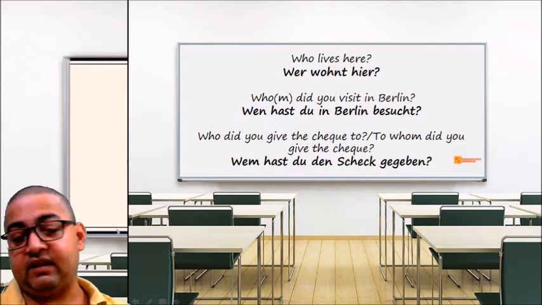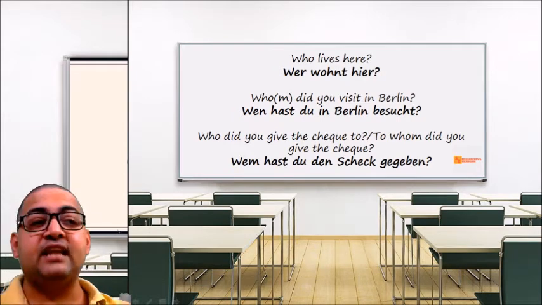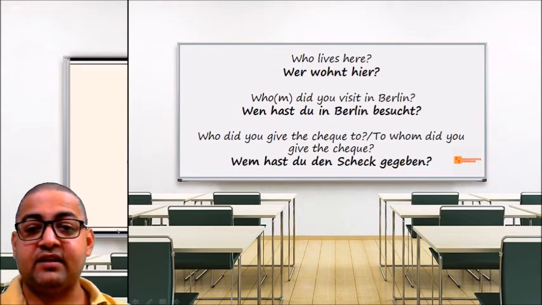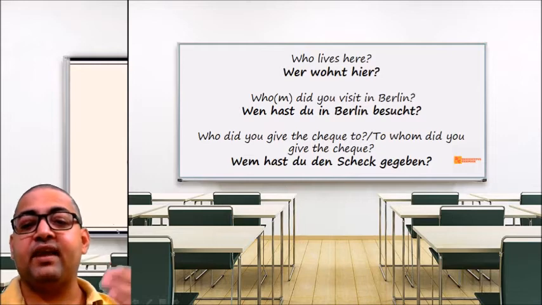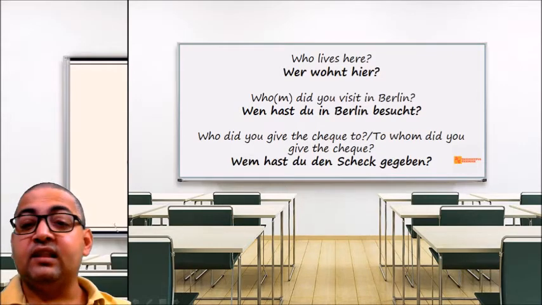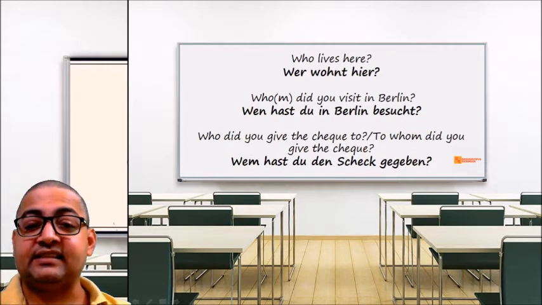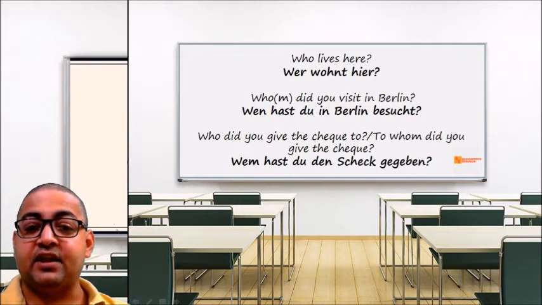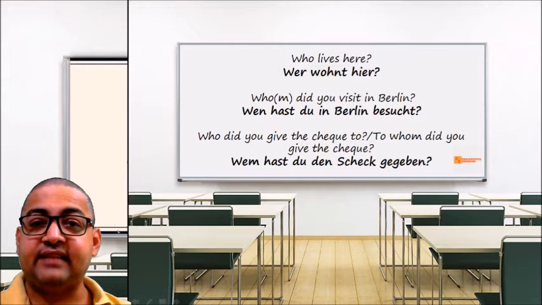Who did you give the check to? It is clearly visible in these three questions. First, who is representing nominative, second, whom is accusative, and third is dative. The fact that whom is fast dying out in English provides a living example of the fate of case distinction in English.